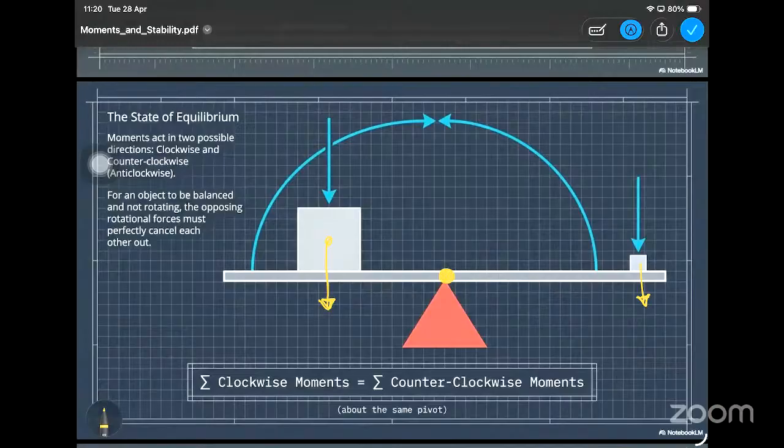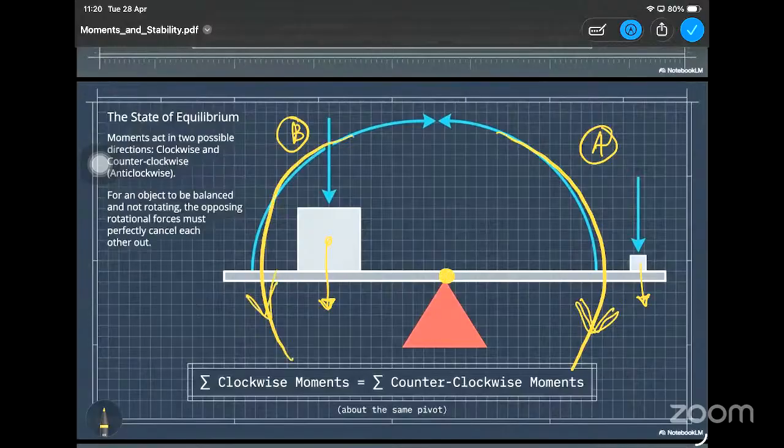In order to balance it, the force generated from side A must be equal to the force generated from side B, right? From side A, there will be a clockwise rotation, and from side B, there will be an anti-clockwise rotation.